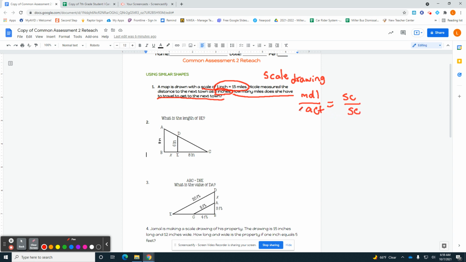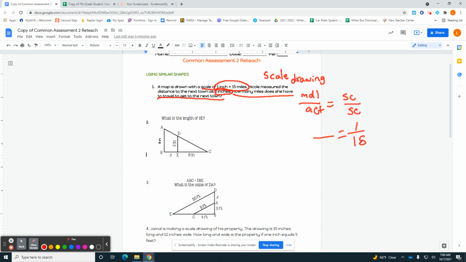So let's start with our scale, because it tells us the scale of 1 inch to 15 miles. So we have 1 inch to 15 miles. And then on this side, we're going to have model over actual, or you can just set it up according to units.